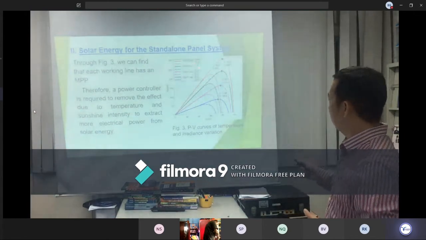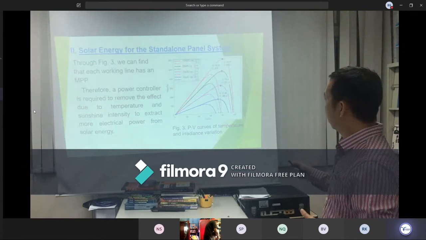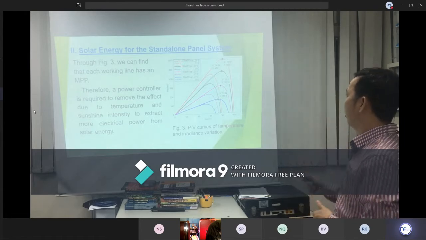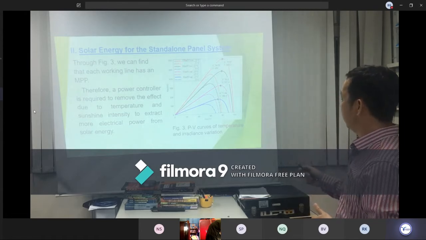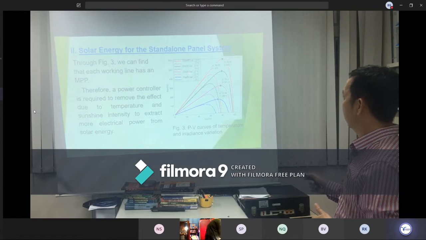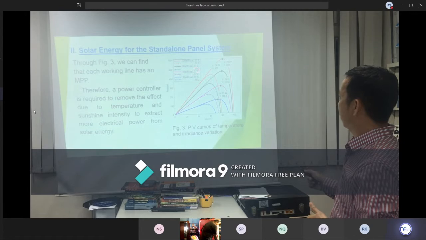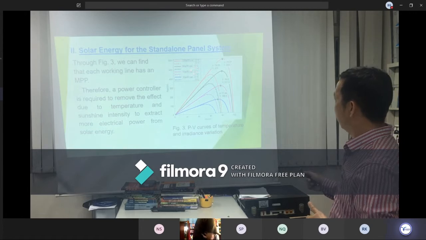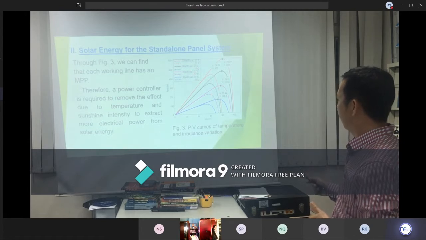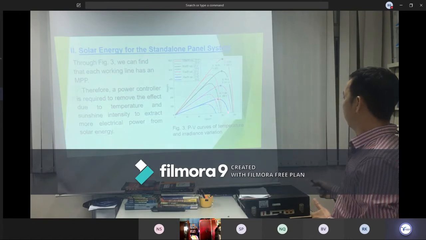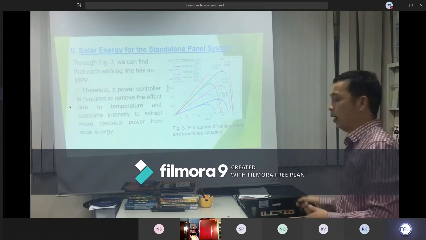When the illuminance is fixed, the output power decreases when the temperature increases. We can see this line and the next line. Compare this.